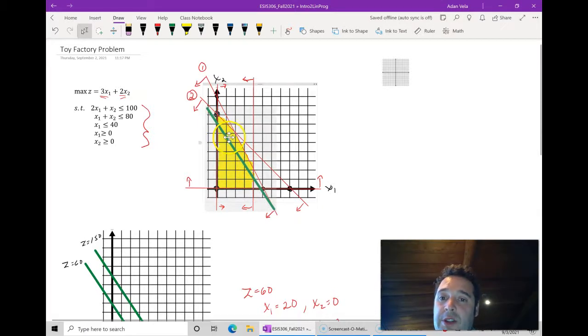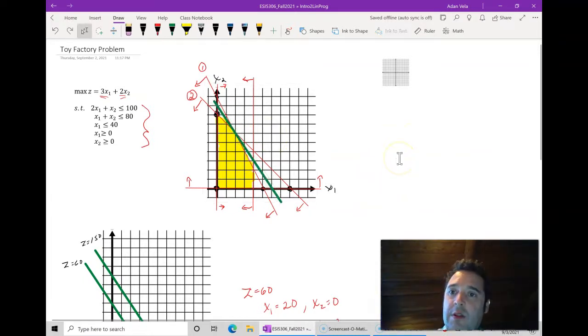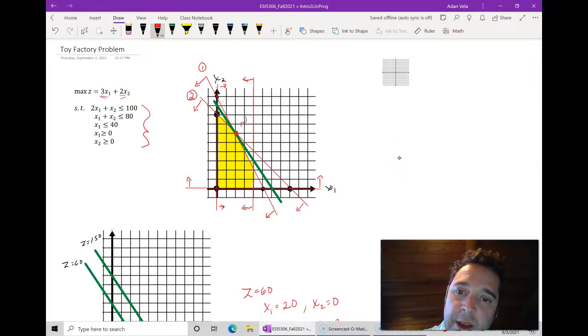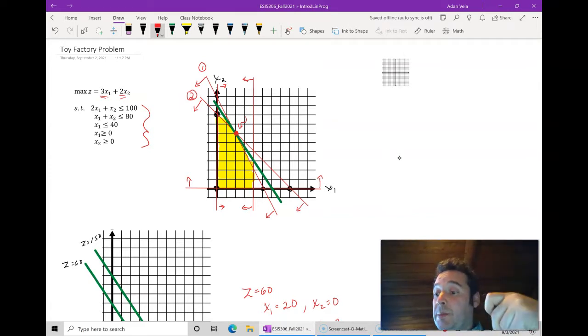But we see we can still keep moving this isoline further and further up. And in fact, we can move it to about here. And at this point, right here, is the last time that the isoline is still in the feasible space. Okay? And this is actually what's going to define our optimal solution.